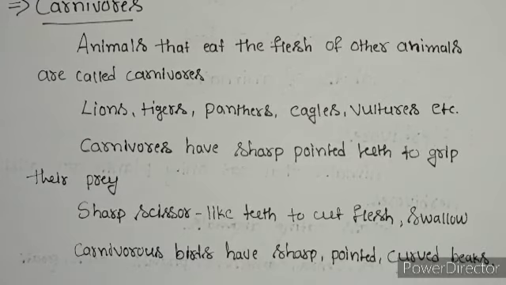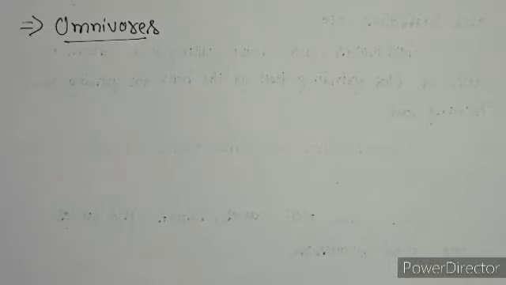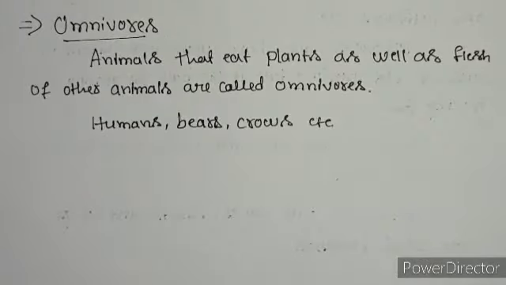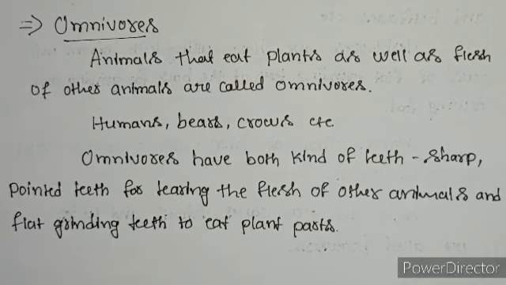The next group of animals is omnivores. Animals that eat plants as well as the flesh of other animals are called omnivores. Humans, bears and crows can eat plants as well as animals. So they are called omnivores, as they eat both plants and animals.